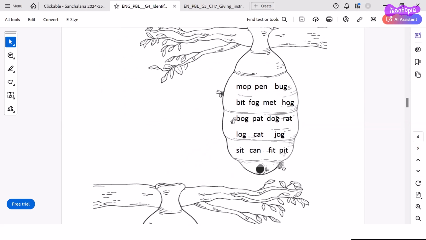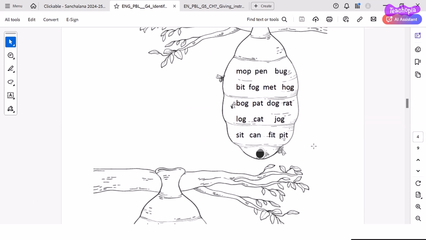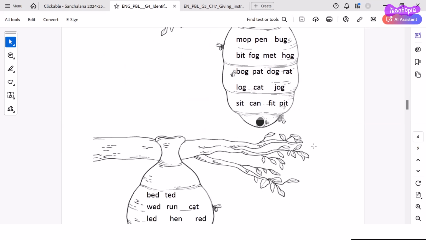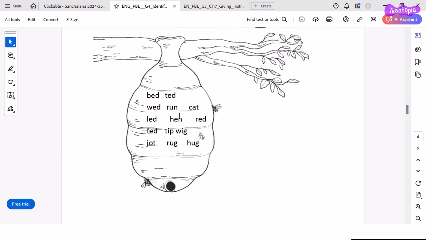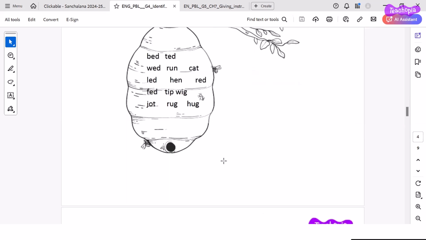For example, you have dog and log, fit and sit, and similarly, you can pick out other rhyming words. Similarly, you can do that with these set of rhyming words too.